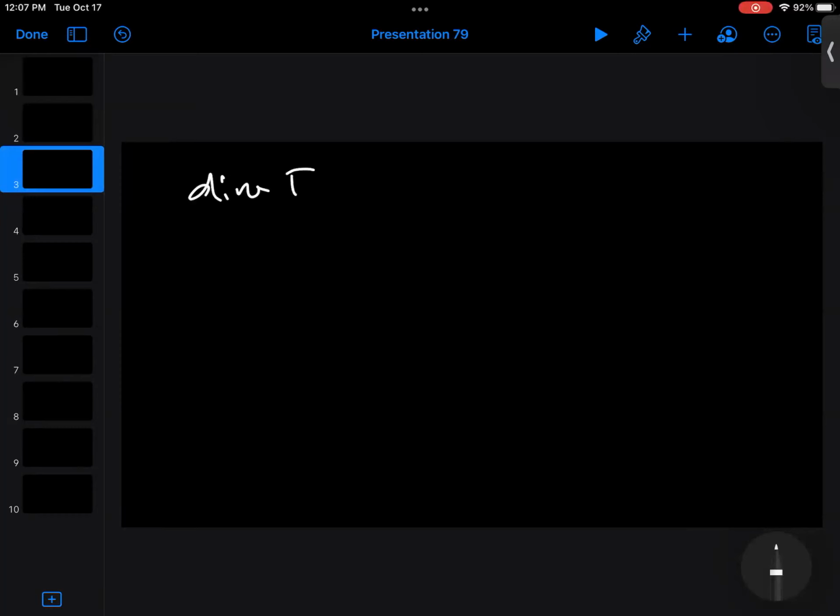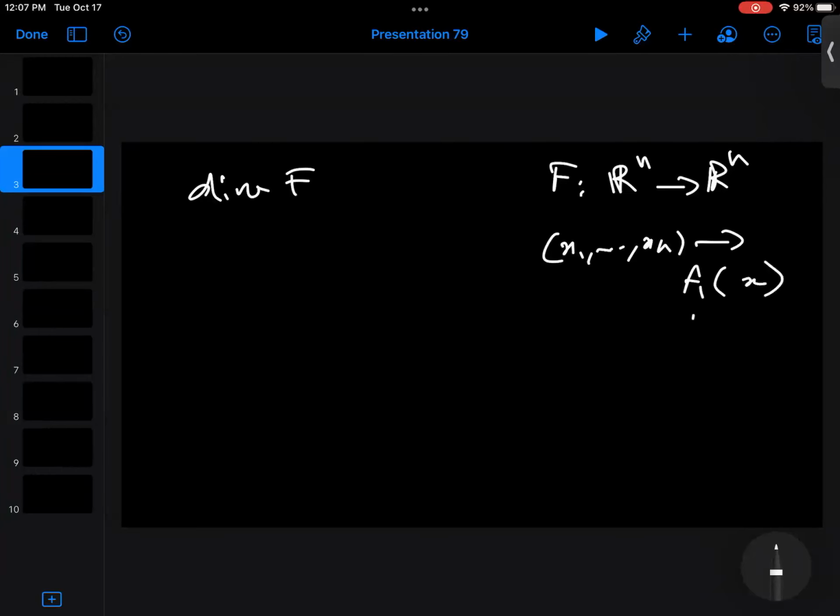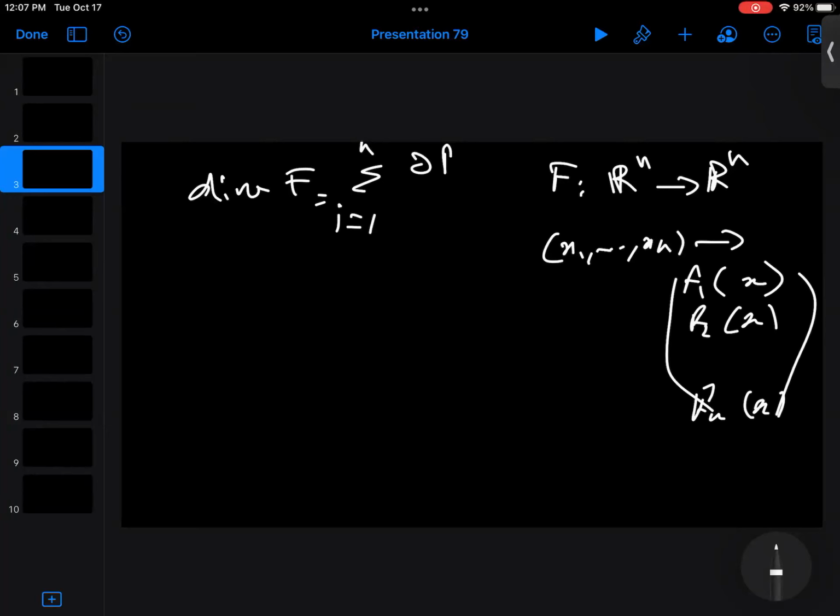The divergence of f, if f is a function from R to the n into R to the n, which at x1, ..., xn associates f1 of x, f2 of x, ..., fn of x, is the sum from i equals 1 to n of the partial derivative of fi with respect to xi at x.